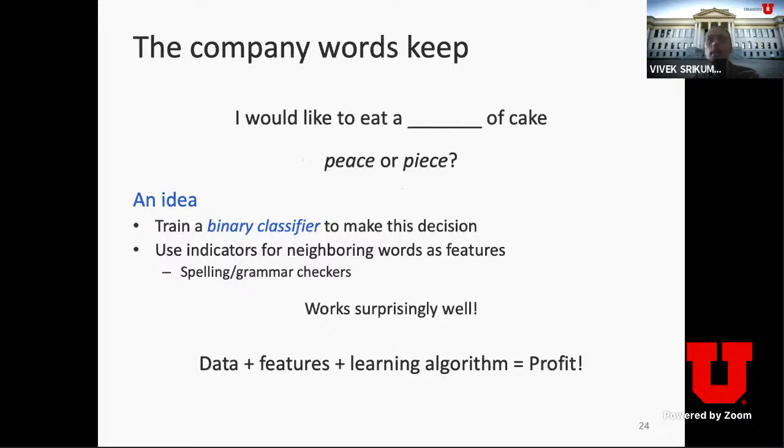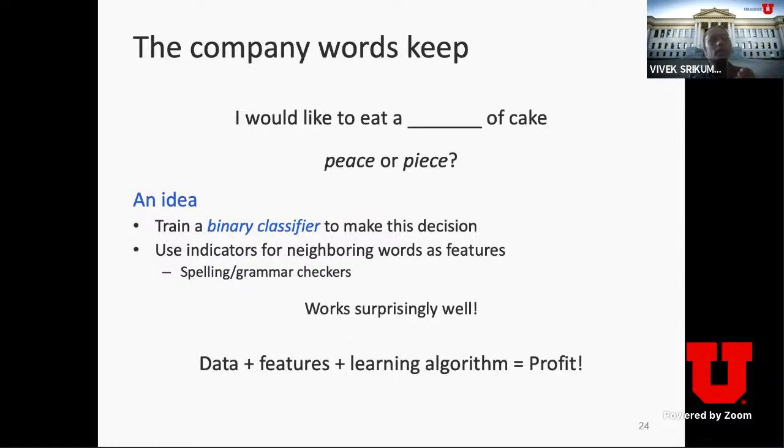Let's see some examples. Imagine that you have to build a spell check system that takes a sentence like this: I would like to eat a piece of cake. And you have to decide whether it's P-E-A-C-E or P-I-E-C-E, whether it's peace or piece. And you have two choices.